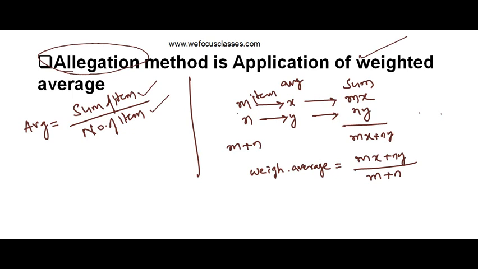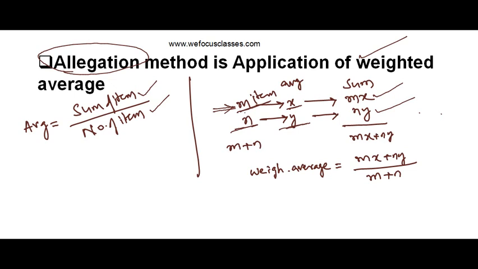In weighted average, you already know that groups of items will be given to us. Let's say there is a first group with m items, and its average is given as x, and there is a group of n items, its average is given as y. If the m items' average is x, the sum will be mx, and if the n items' average is y, the sum is ny.